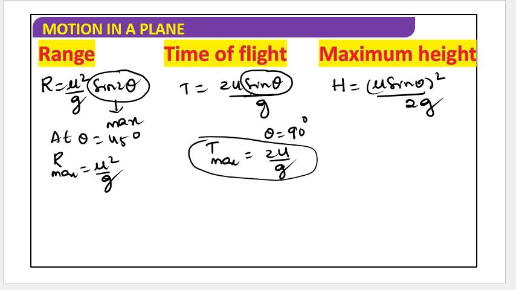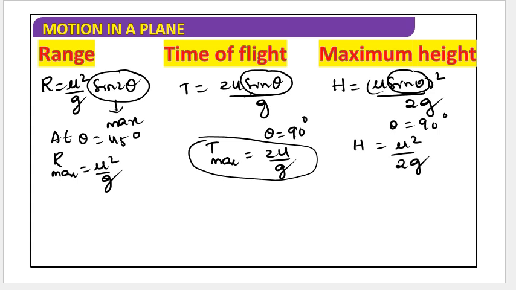The maximum height is maximum when sin theta is maximum, so the height attained by the projectile is also maximum. So theta is equal to 90 degrees, sin 90 is 1, then height is equal to u square by 2g.